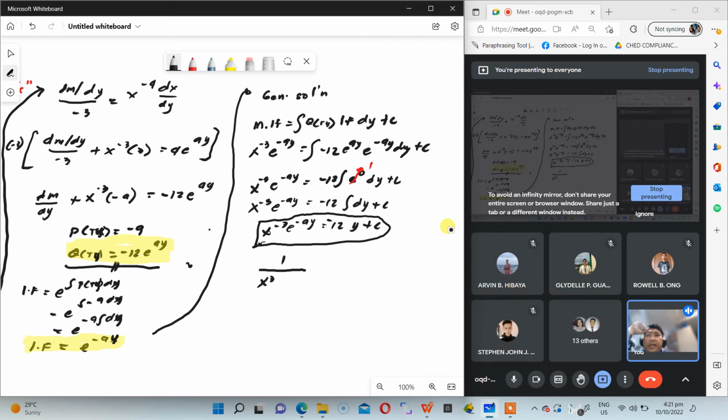Okay, the negative is gone. Equals negative 12y plus c. Okay? Any of these will be your general solution. Okay?